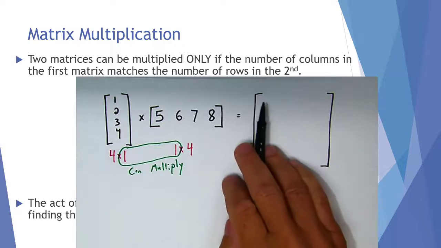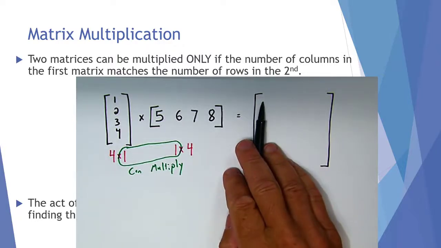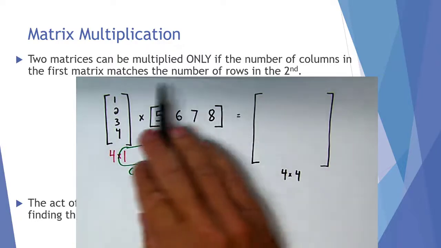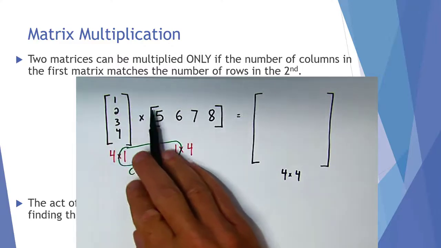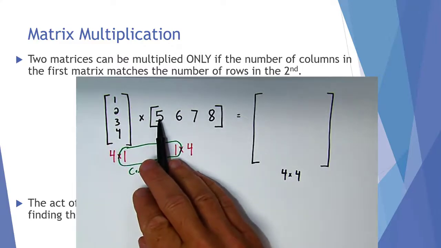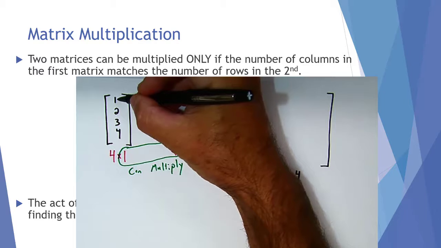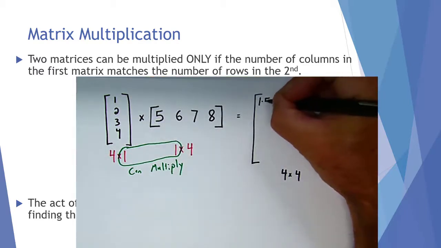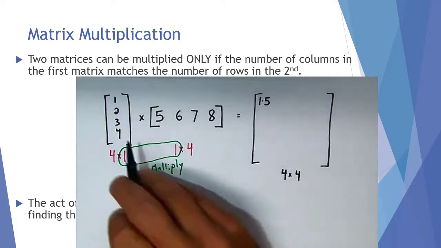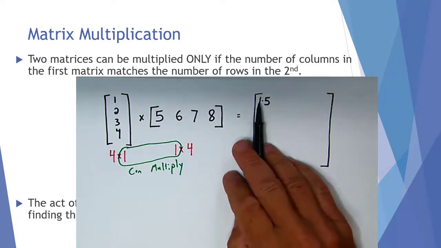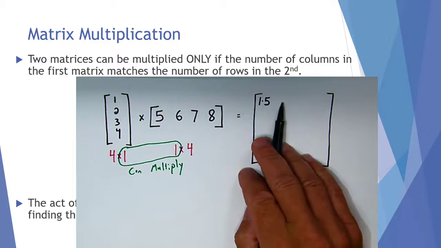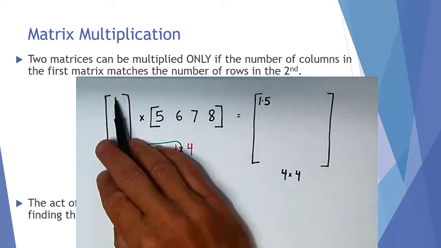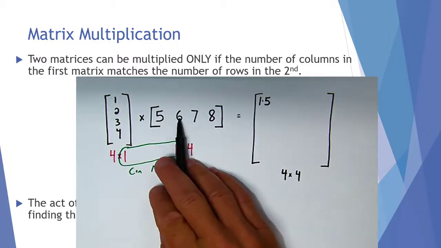Well, to find the top left entry in our 4 by 4 matrix, we're going to take the top row here and combine it with the first column here. So the first row combined with the first column, that's going to be 1 by 5. For our first row, second column, we're going to take the first row and multiply it by the second column.